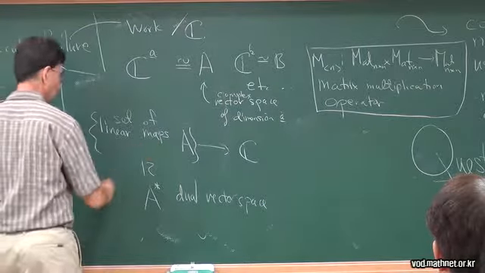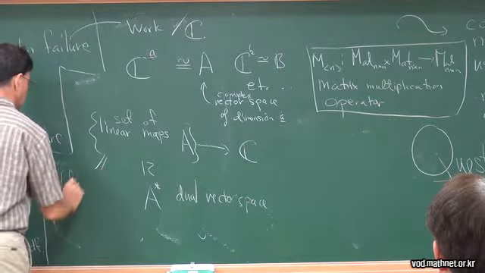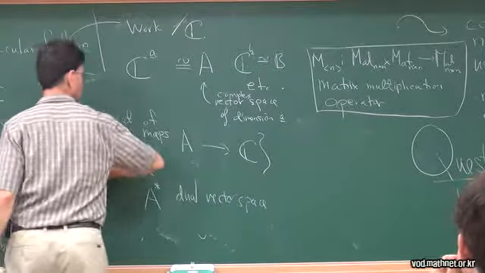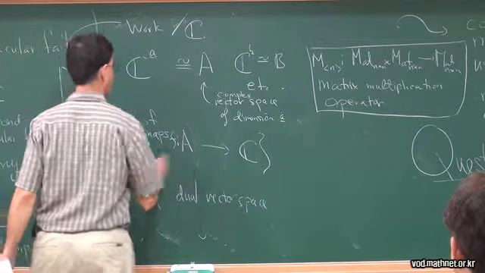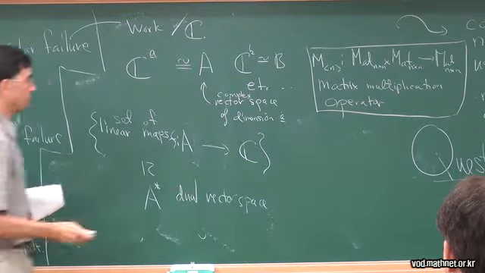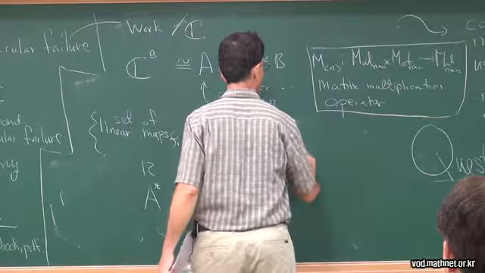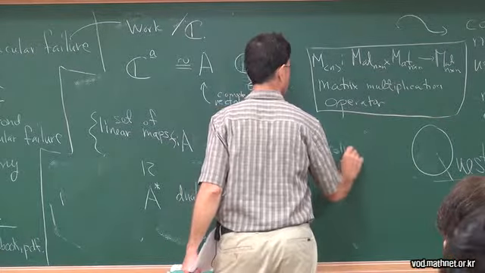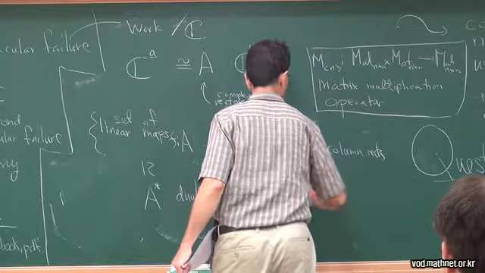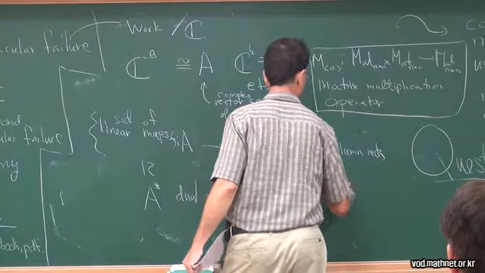So this is F. So the set of such linear maps forms a vector space. It's of the same dimension. If we think of A as column vectors, and then A dual, we can think of as row vectors.